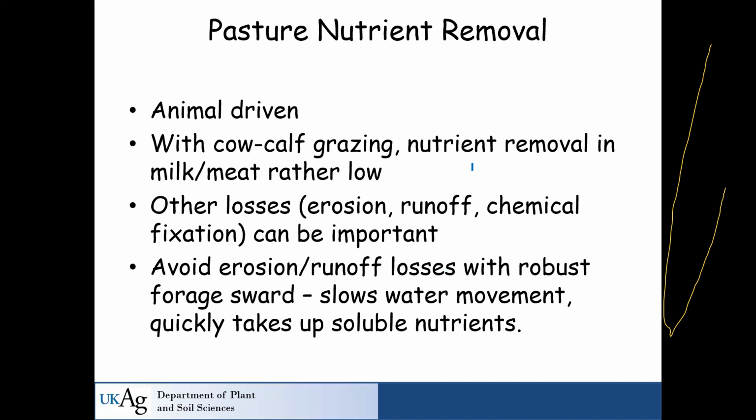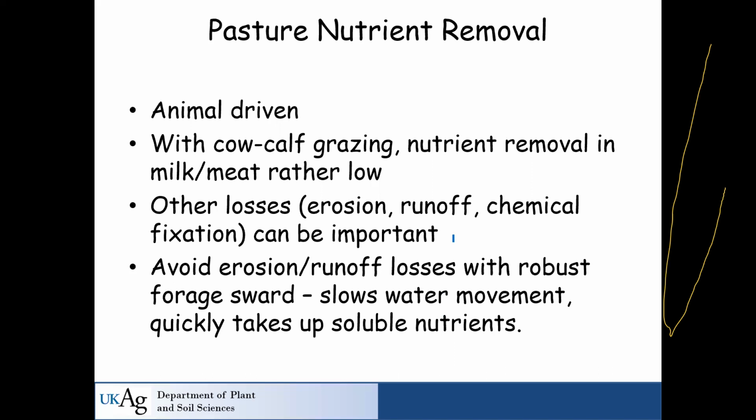In pasture systems, nutrient removal is animal driven. Most of Kentucky's production is cow-calf, and nutrient removal in milk and meat is rather low. Other losses, however, and I've seen fields that evidence this, such as erosion, runoff, and chemical fixation losses, can be important.